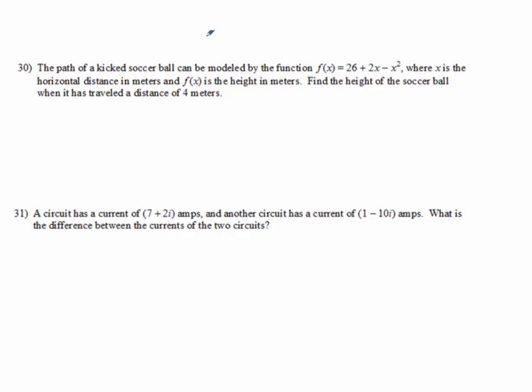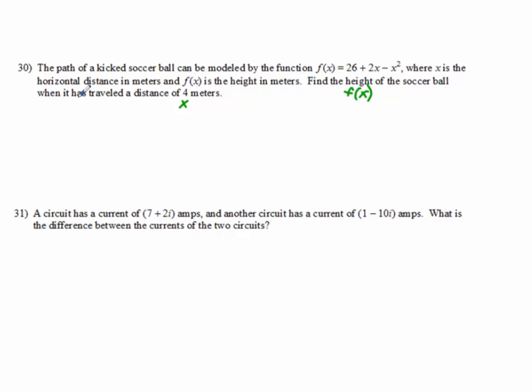The path of a kicked soccer ball can be modeled by the function f of x equals 26 plus 2x minus x squared, where x is the horizontal distance in meters and f of x is the height in meters. Find the height of the soccer ball when it has traveled a distance of 4 meters. So 4 would be x, and we're trying to find the height, which is f of x.